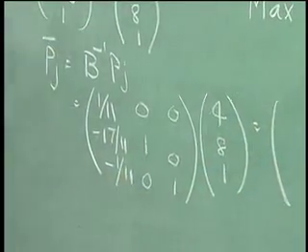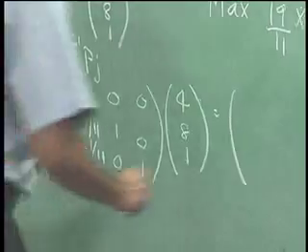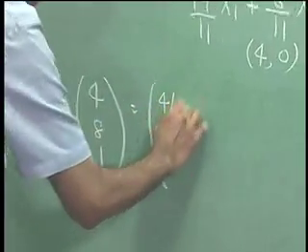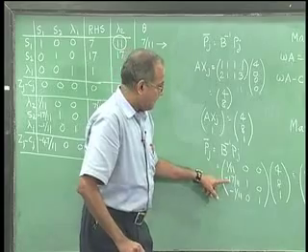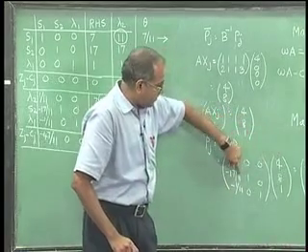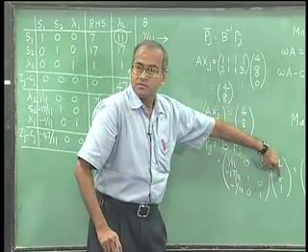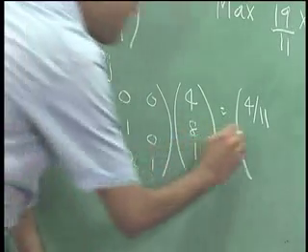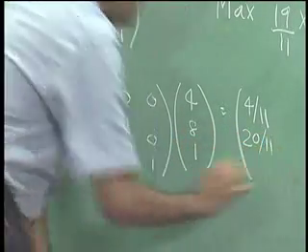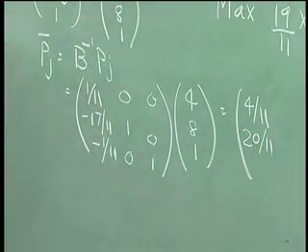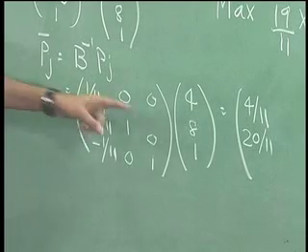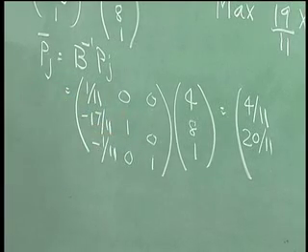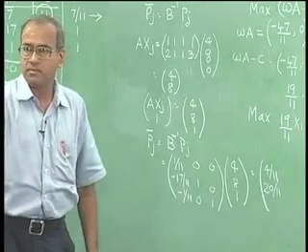This would give us 4 by 11 minus 68 by 11 plus 8, which is 20 by 11. This is 88 minus 68 is 20 by 11. This is minus 4 by 11 plus 4, which is 40 by 11.